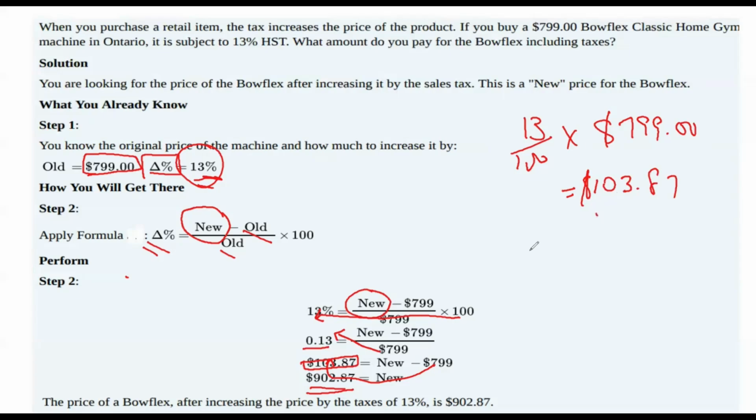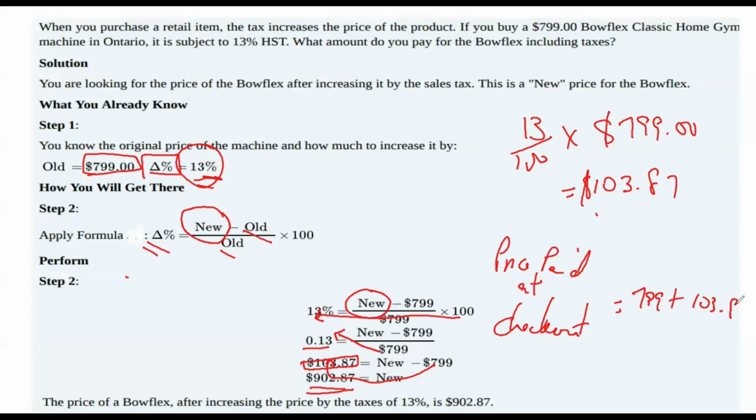And then you add that to your 799. So the price paid at checkout equals the 799 plus the 103.87, and you should get your $902.87. Right? Okay, same thing.